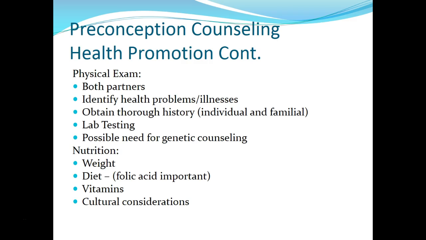Mom for sure needs to have lab testing done, but possibly we may need to do that for dad, especially if they're struggling with infertility, because the first thing that we want to rule out if they're struggling with infertility is that the dad is not sterile. If there are genetic issues in their history, then we may need to refer them to a specialist so that they can get some genetic counseling.